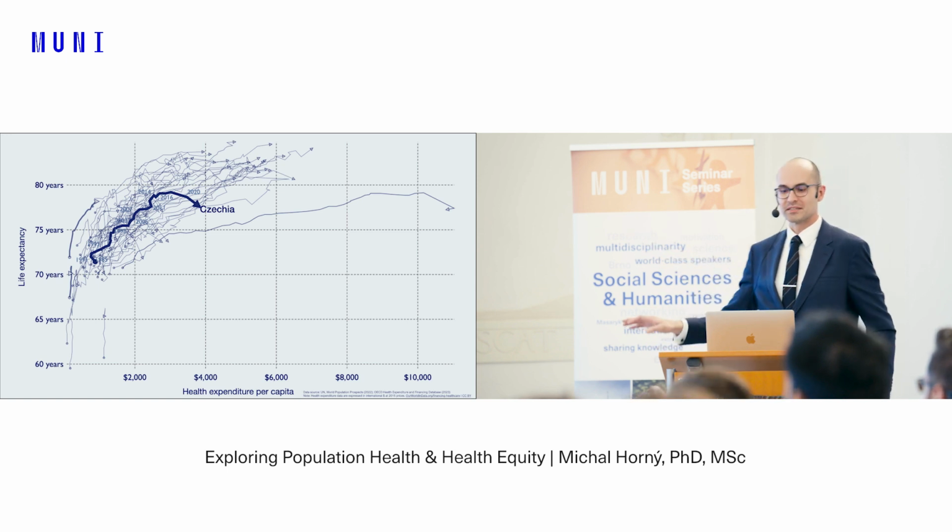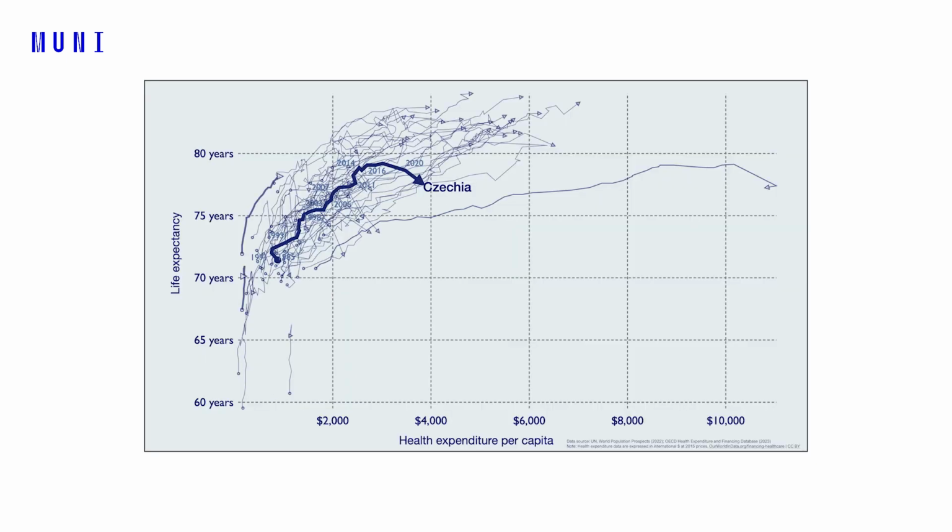On this chart, the horizontal axis shows healthcare spending per capita in various OECD countries. And on the vertical axis, we have life expectancy. It's essentially the ultimate health outcome. And you would expect that with more spending, we should achieve better health, longer life expectancy, right?